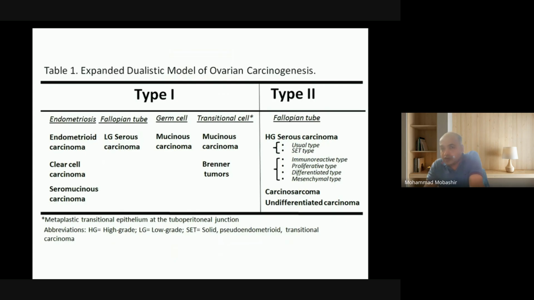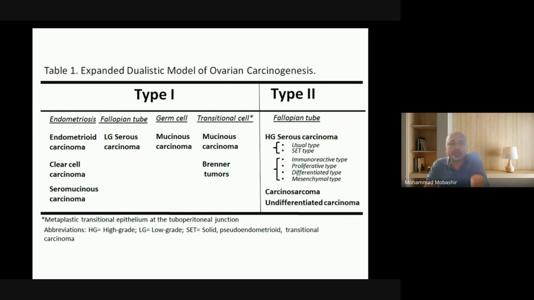So ovarian carcinogenesis, type 1, endometriosis, fallopian tube, germ cell, transitional cell, and type 2 is here in fallopian tube, where HG serous carcinoma is there. And then it is the usual type, set type, immunoreactive subtype, proliferative type, differentiated type, mesenchymal type, carcinosarcoma, undifferentiated carcinomas.